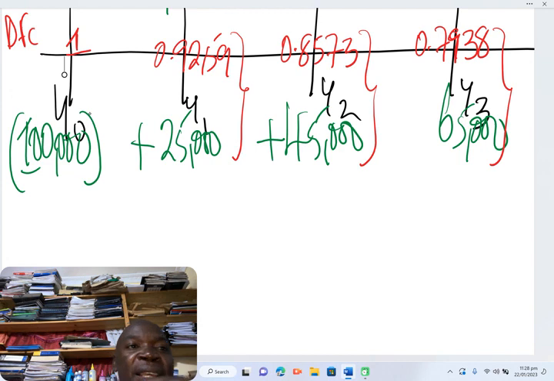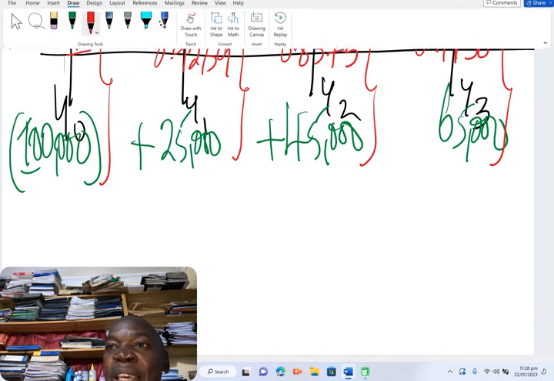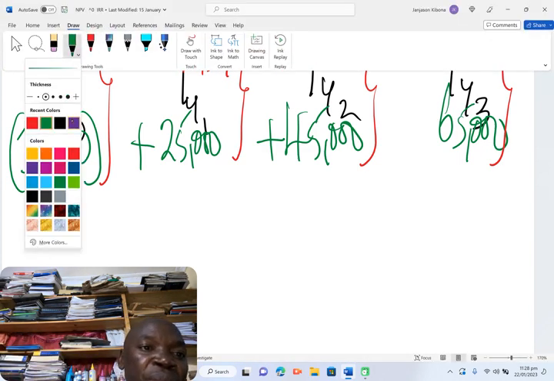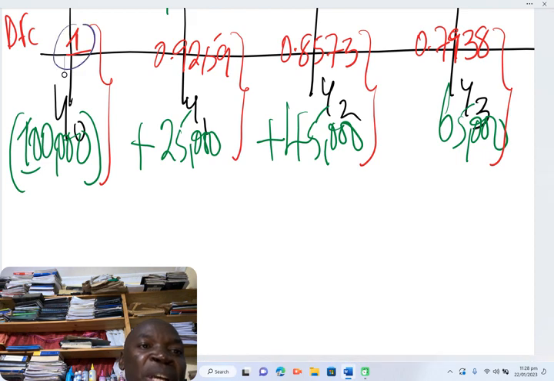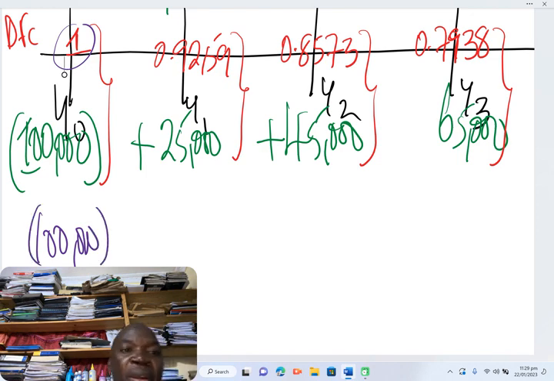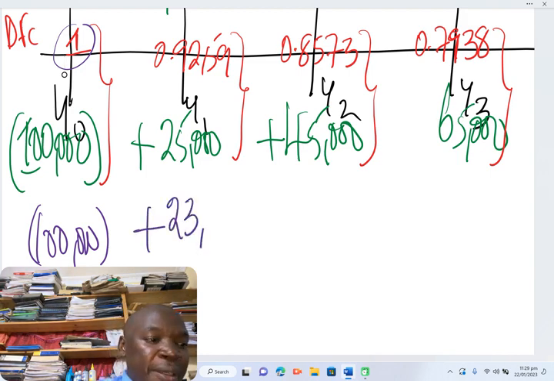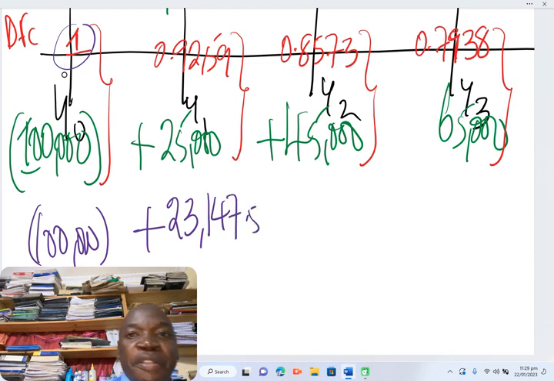You multiply the discounting factor times the cash flow itself. In year naught, we take 1 multiplied by this number, so we have 100,000. This is the present value. In year 1, you multiply 0.9259 by 25,000 and you get positive 23,147.5.